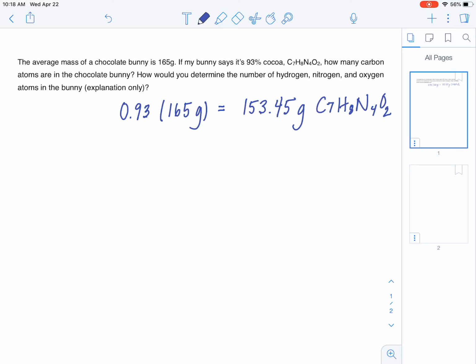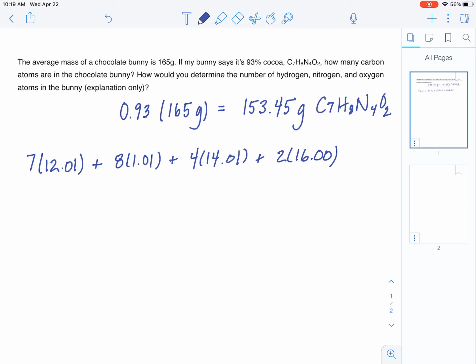So here's where you would need a periodic table, and you're going to go ahead and take the mass of 7 carbon atoms, which on the periodic table is 12.01 AMUs, and we're going to add to that 8 hydrogen atoms, 1.01 AMUs, plus 4 nitrogen atoms, 14.01 AMUs, plus 2 oxygen atoms for 16 AMUs.